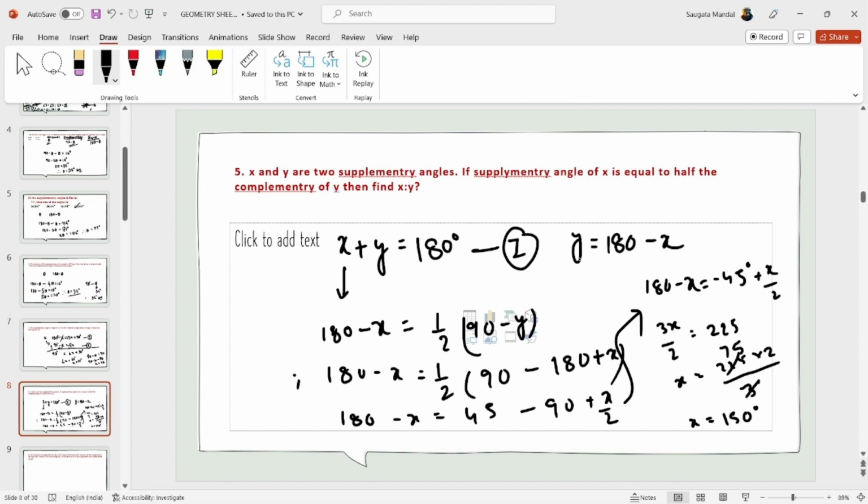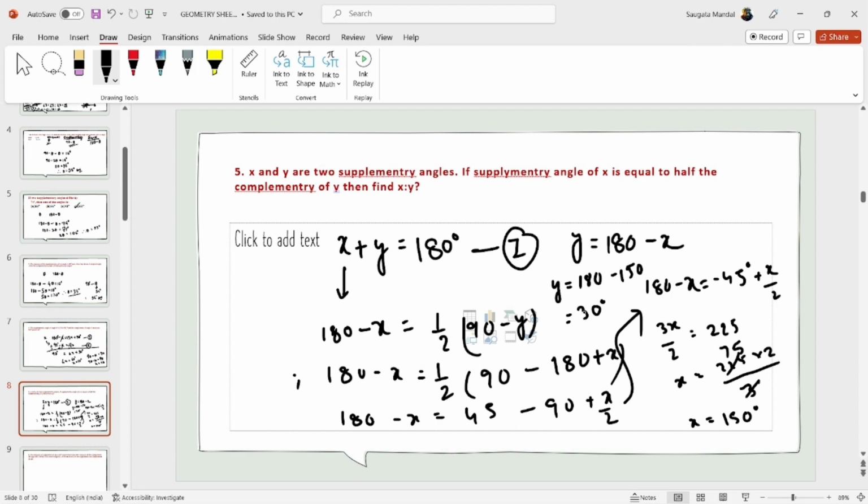Then we can easily find the value of y. Y is equal to 180 degree minus 150 degree, and that is 30 degree. Then what is said in the question?